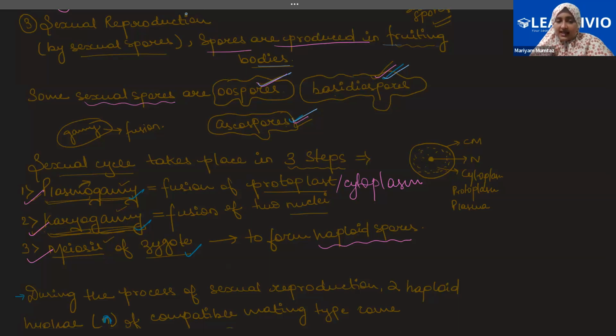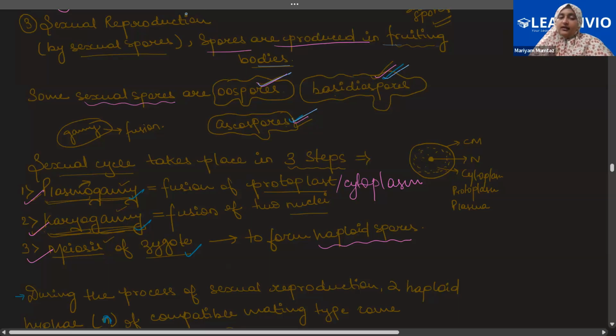Now, the sexual cycle takes place in three steps for fungus. First of all, plasmogamy happens. Remember that the word gamy in general means fusion. Plasmogamy is when the plasma or the cytoplasm is getting fused.